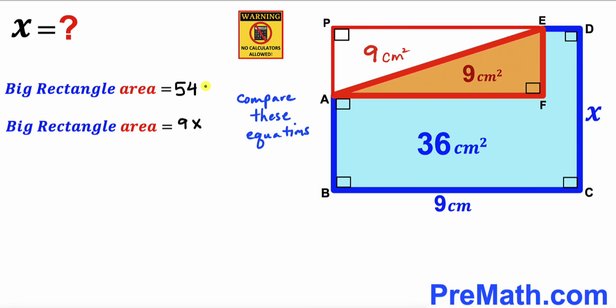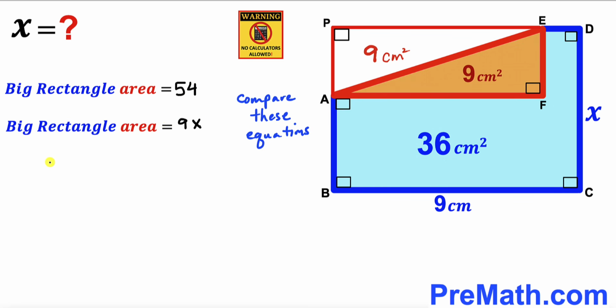Now we are going to compare these two equations. This first equation represents the area of this big blue rectangle, and likewise the second equation represents the area of this very same rectangle as well. So we are going to equate the right hand sides.